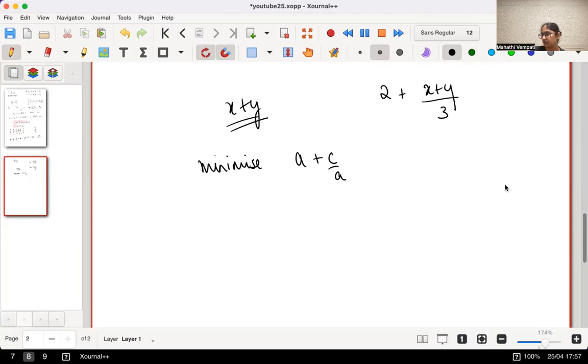I'm a bit confused because I'm doing, oh, yeah, a is equal to root c.